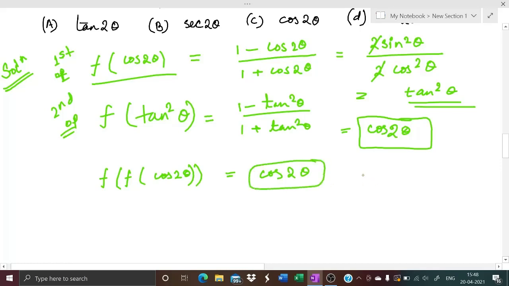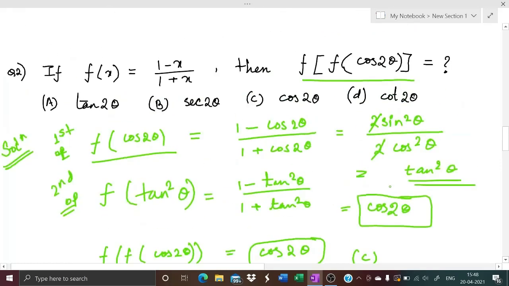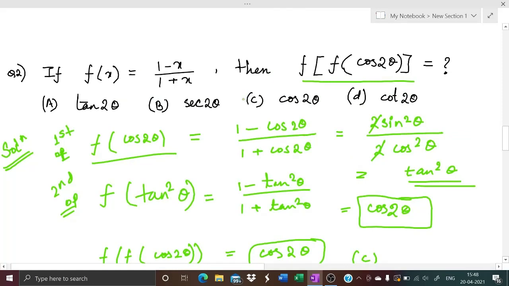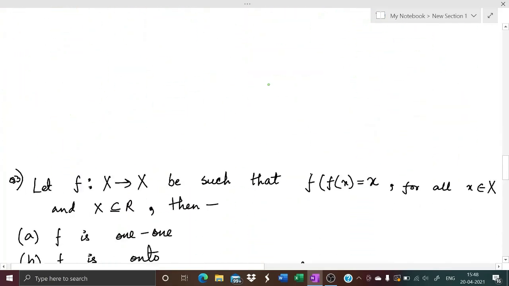Fine. So option C. So in this question it was a composite function, and along with it the major thing is trigonometrical transformations, which you should know very clearly, otherwise you cannot reduce it to the simple forms.